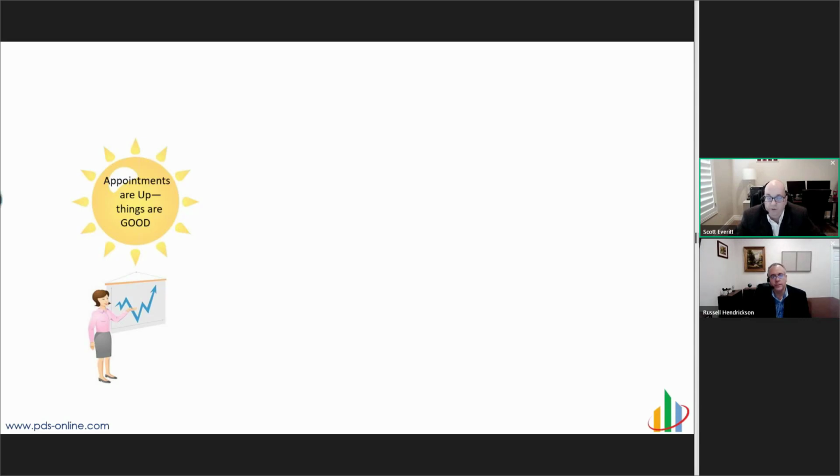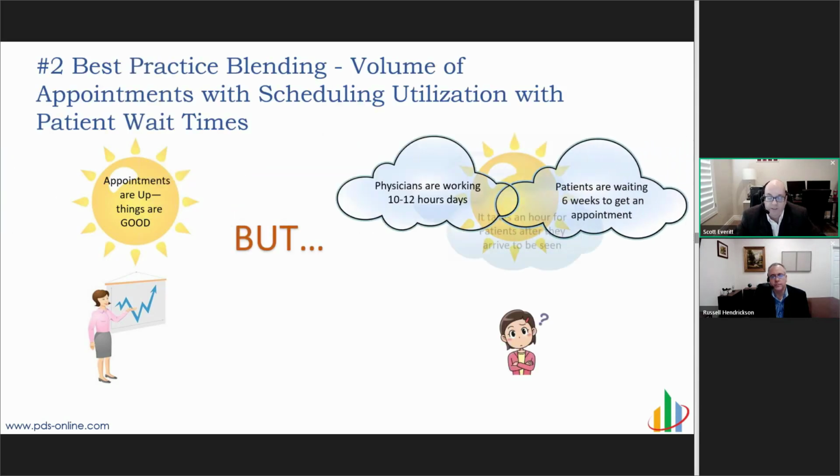But a lot of times, if you look at that just in and of itself, you're not seeing that when you try to force a large number of appointments into the same level of capacity and the same finite time, it can cause things like physician dissatisfaction while they're working 10 to 12-hour days to keep up, or patients waiting a long time to get an appointment, or even when they do get an appointment, spending a lot of time waiting to be seen in the waiting room or the exam room, and that's going to cause some dissatisfaction.